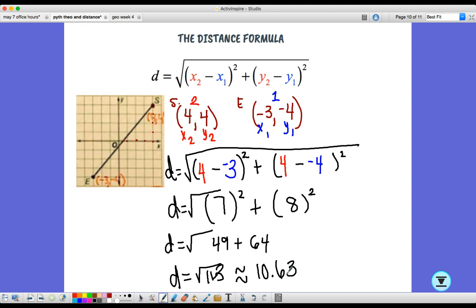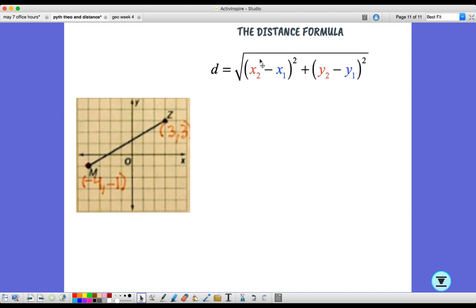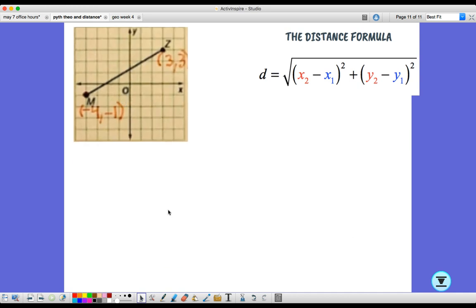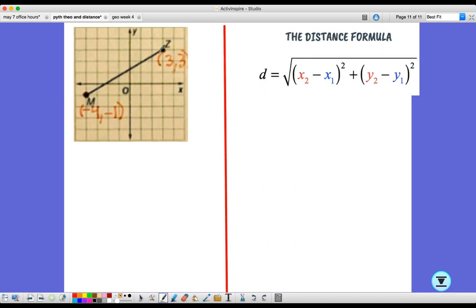Okay? What we're going to show you on the next one is how you can use Pythagorean theorem and the distance formula. So on this one, first I'm going to do the distance formula, and then I'm going to show you how you could also use Pythagorean theorem. So again, in this one, I have point Z is at 3, 3, and I have point M is at -4, -1.